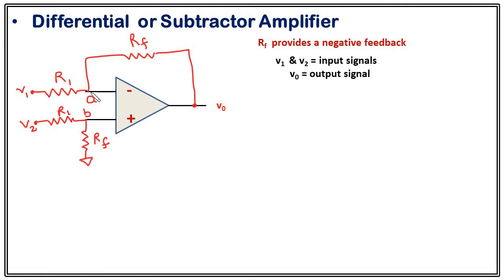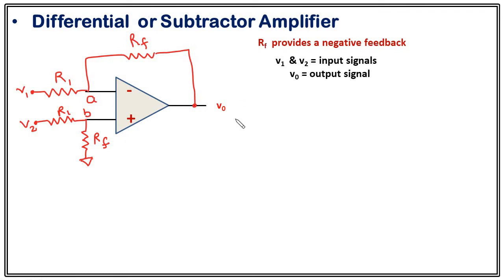V1 is connected to the inverting terminal through a resistance R1, and V2 is connected through another resistance exactly equal to R1 to the non-inverting terminal, and the non-inverting terminal is grounded through a resistance RF. So this is the circuit diagram for the subtractor amplifier or differential amplifier.